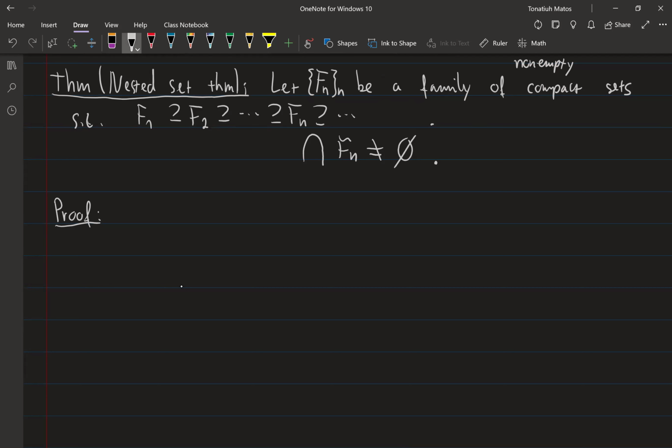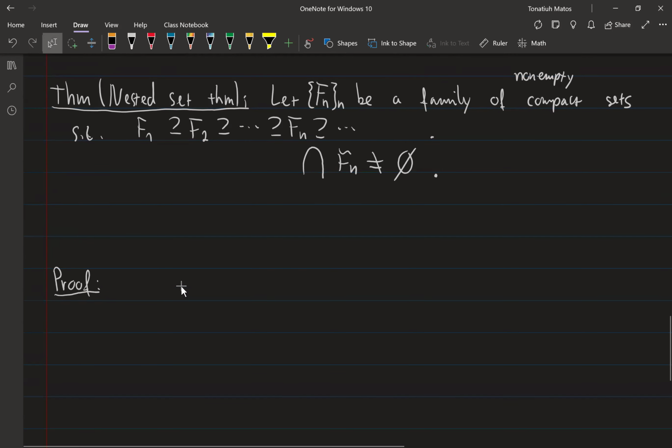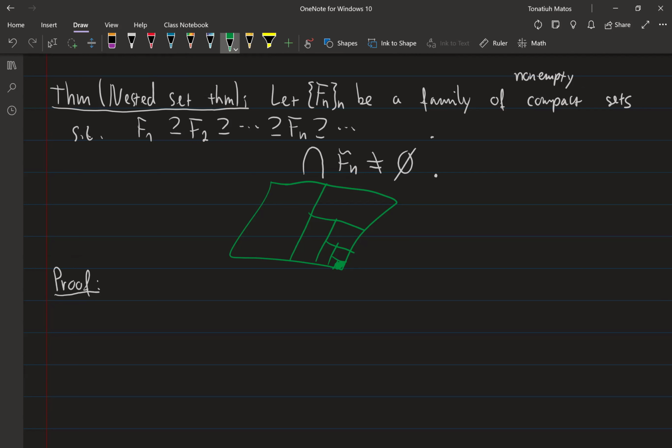And how do we do this? Let's actually, before I write down the formal proof, what is the intuition behind this fact? The intuition is as follows. If you have a compact set and you split this into smaller but still compact sets, then the idea is that no matter how you go about doing this forever, you cannot avoid always keeping something inside all of these sets at the same time, right?